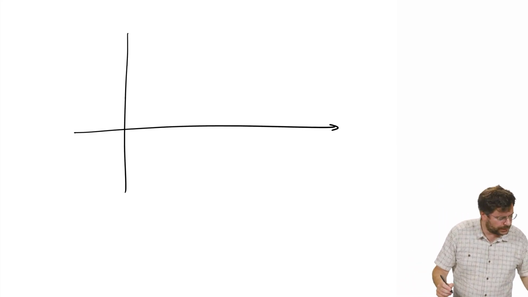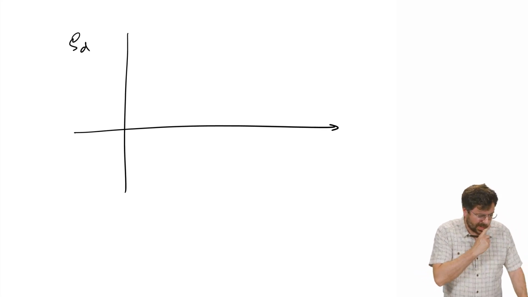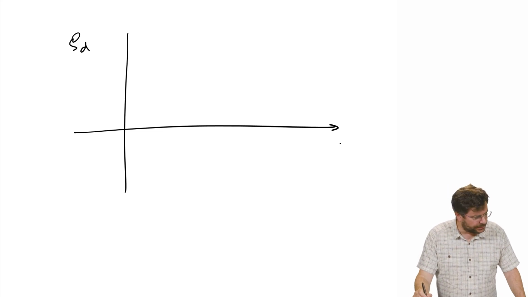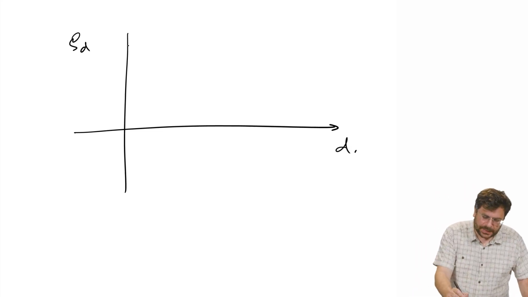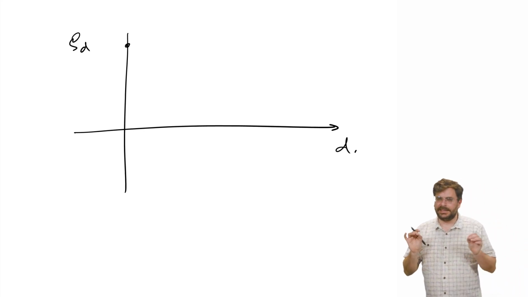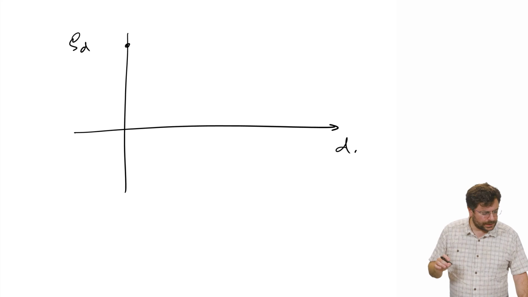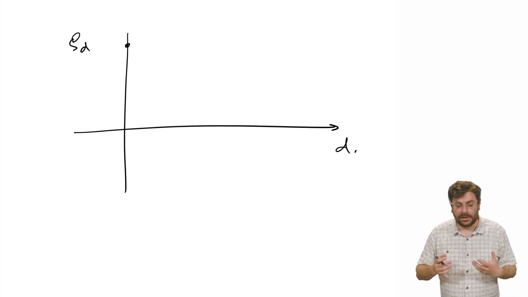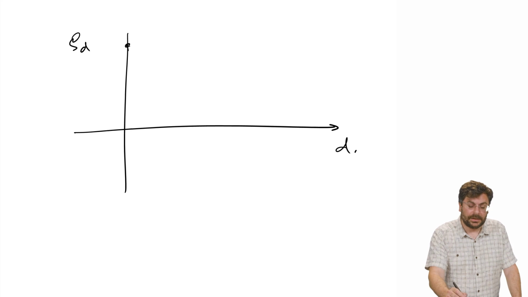So let's go ahead and plot what my rho d may look like in this circumstance as a function of d. Initially, when d is equal to 0, or when d is small, the autocorrelation should be very high.